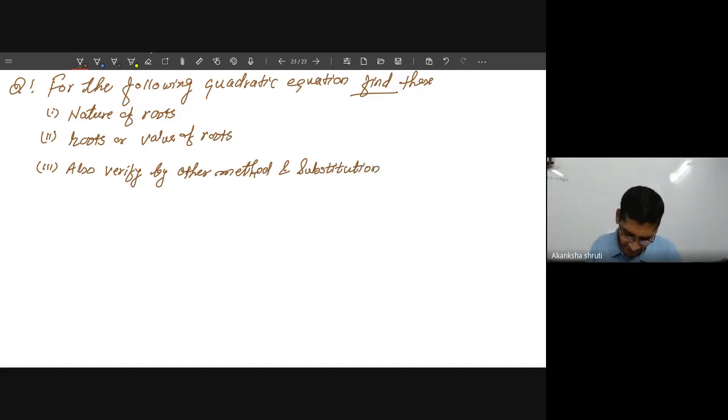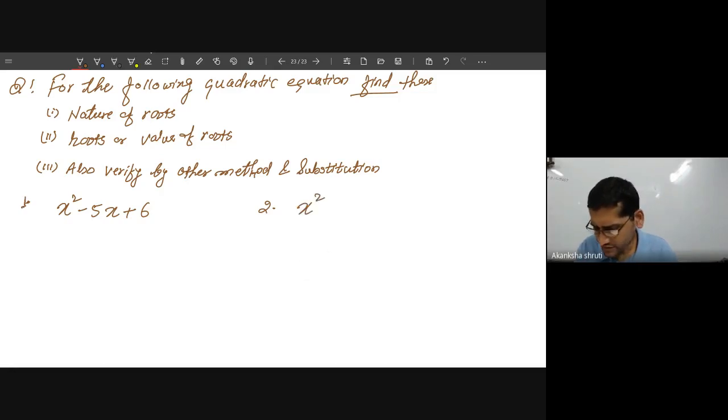So we have to take some equations. Let us take the first equation as x square minus 5x plus 6. The second equation that we will take is x square minus 16.